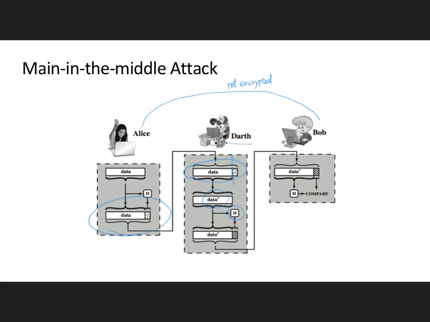After Bob receives this concatenation, he does the verification, splitting the data and the hash value. He does the comparison, and there is no problem, because the hash value is the hash of the modified data. So this is what we call a man-in-the-middle attack, and this is a typo on the slide. It is man in the middle.